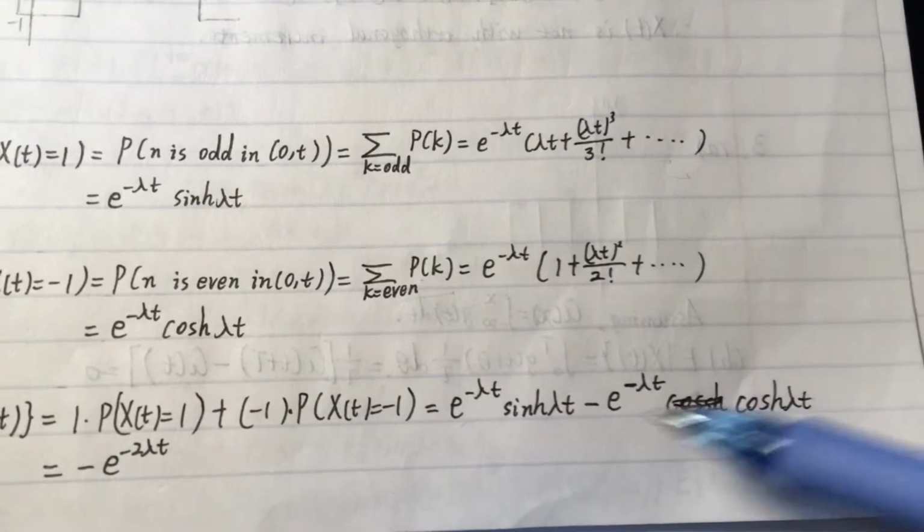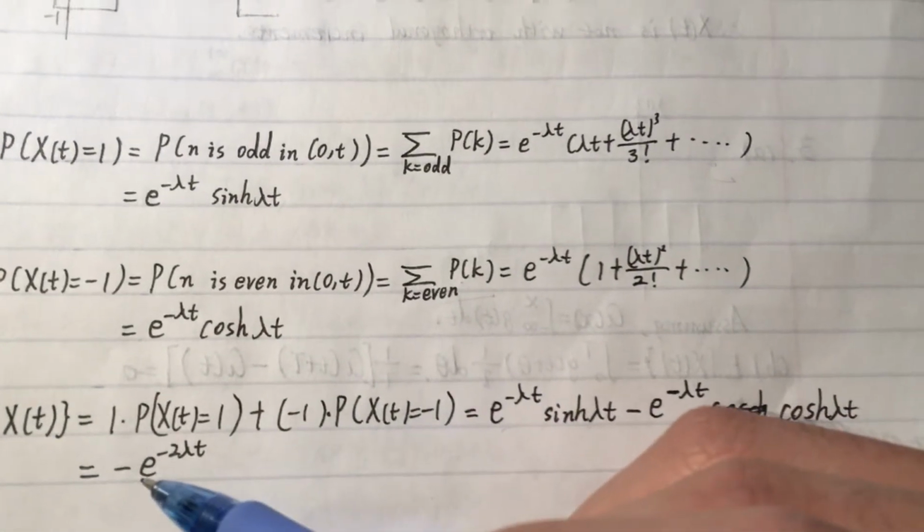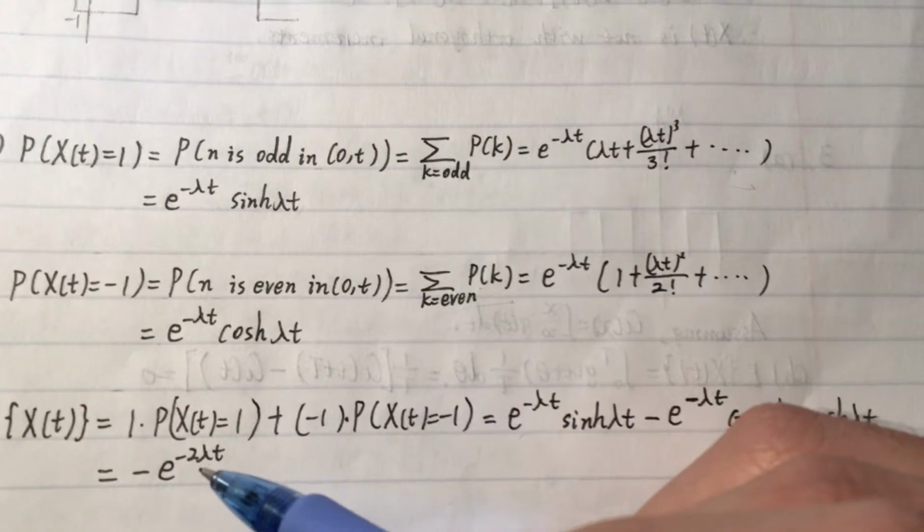So we can get the final result, which is e^(-2λt).